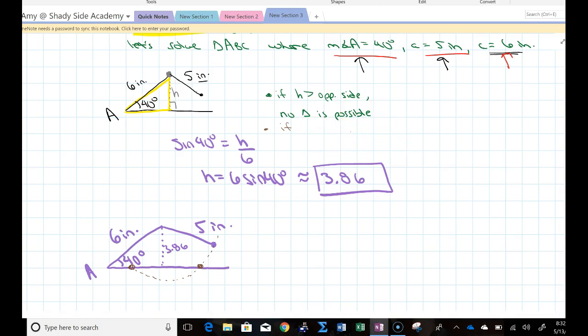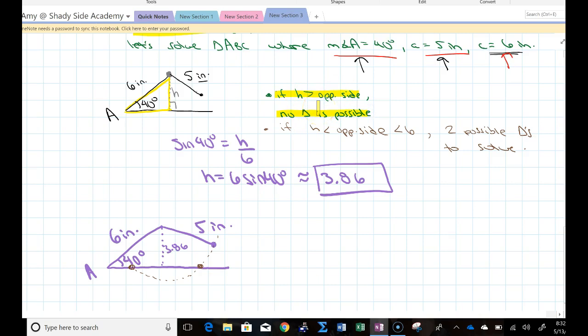If the opposite side is bigger than h, but also less than 6, if that opposite side is between h and the adjacent side, you have two possible triangles to solve. And yes, when there are two possible triangles, you have to solve them both. So what we've got here are two conclusions to the SSA acute case.